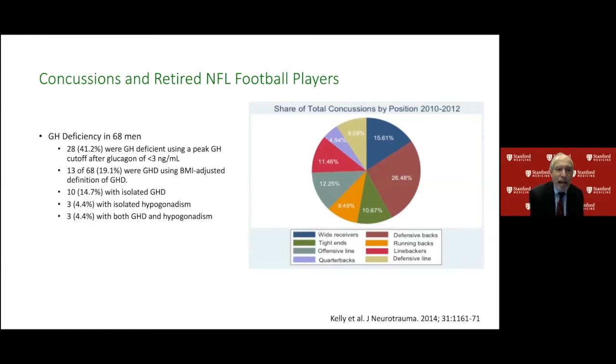And depending on how they made the diagnosis of growth hormone deficiency, between 20 and 40% of these men were growth hormone deficient. Many of them also had other problems, including hypogonadism, and it really affected almost all football players. It didn't really matter what position they played. Of course, most football players get their concussions during practice and not during games.